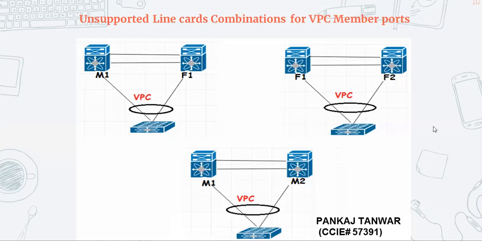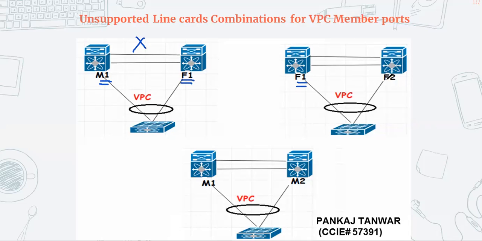Also, the logic that we discussed for the VPC peer link also applies to the VPC member ports. Here you can see some unsupported designs. You cannot use an M1 line card on one switch and an F1 line card on the other switch.